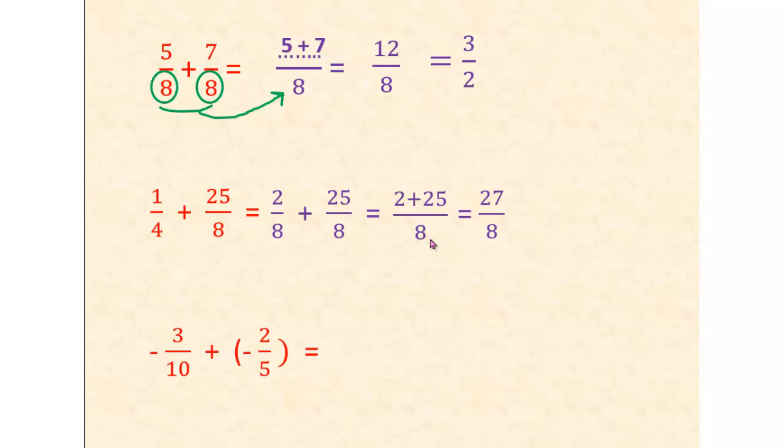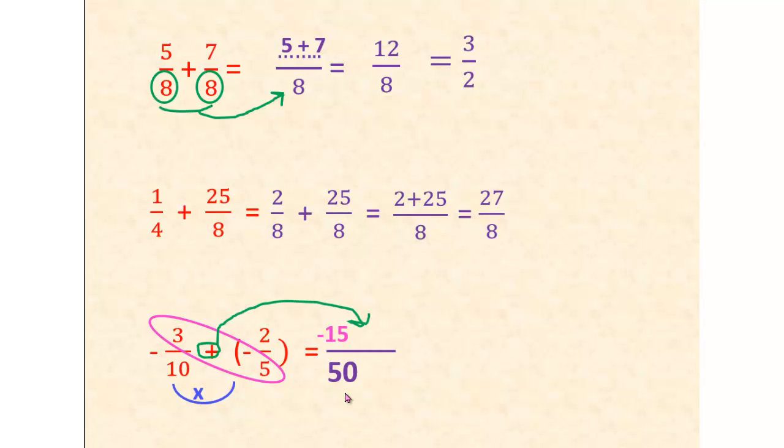Again, let's take another example. What about if I have again two different denominators, but I don't want to change the 5 to be 10? We can easily do cross multiplication. Simply by multiplying 10 times 5, I will have a new denominator of 50, and then cross multiply 5 times negative 3, and don't forget the negative 3, it's negative 15, and the operation I'm going to move as it is, which is plus 10 times negative 2, and don't forget again the negative.